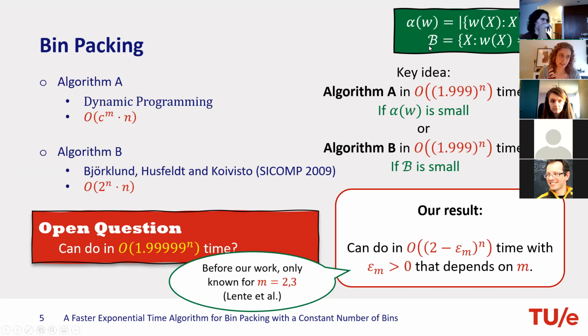And B is the number of subsets that have exactly the same weight. So either we're going to show that alpha of W is small or this set B is small, and depending on that, algorithm A is going to be fast or algorithm B is going to be fast. So let's dive into the algorithms.